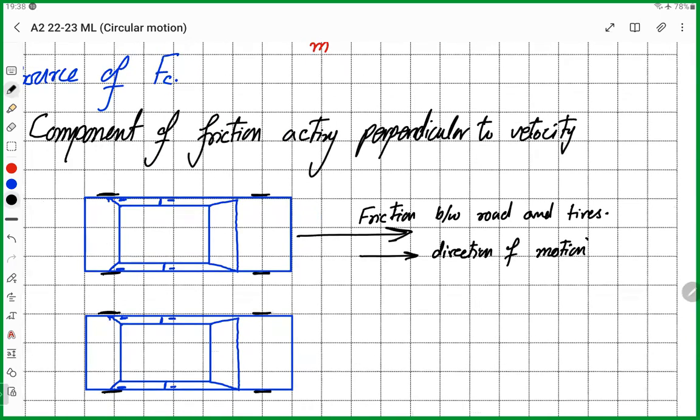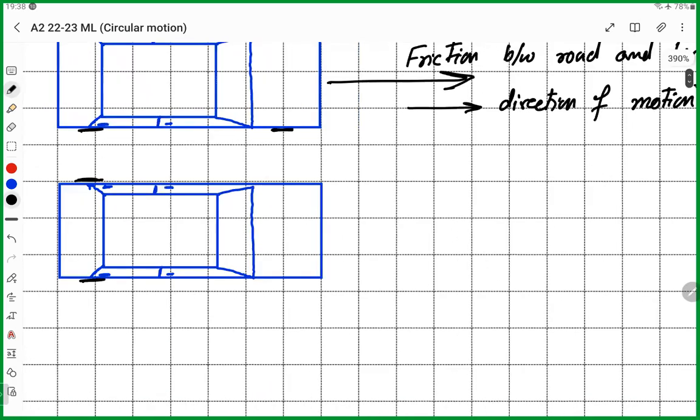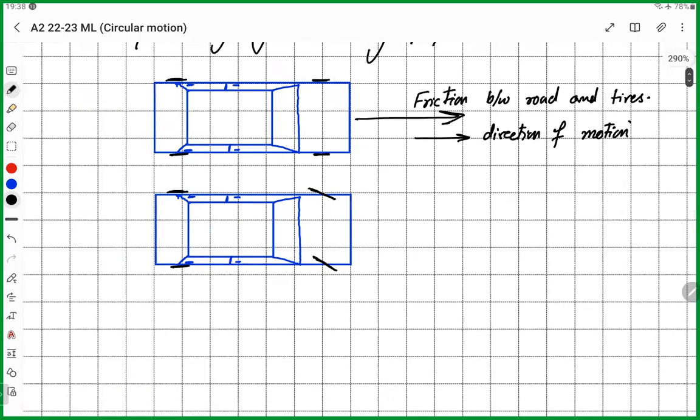But here, we turn the tires a little bit like this. What happens now? Wouldn't friction be in the opposite direction of motion? No, in this case, the friction between the road and the tire is actually the force that drives the car.